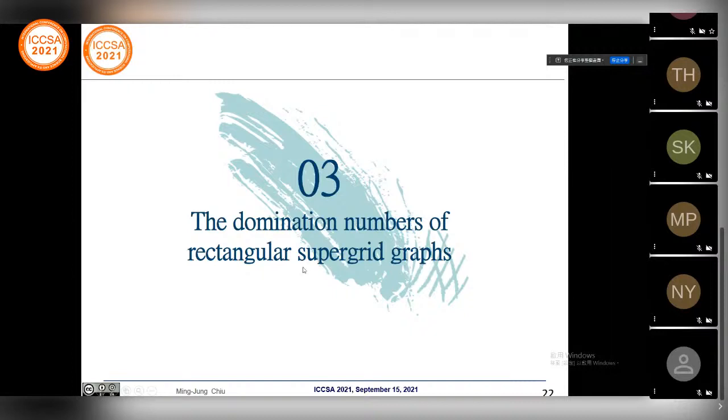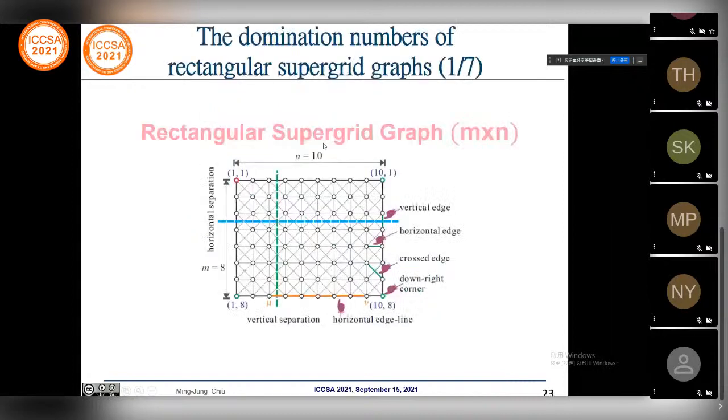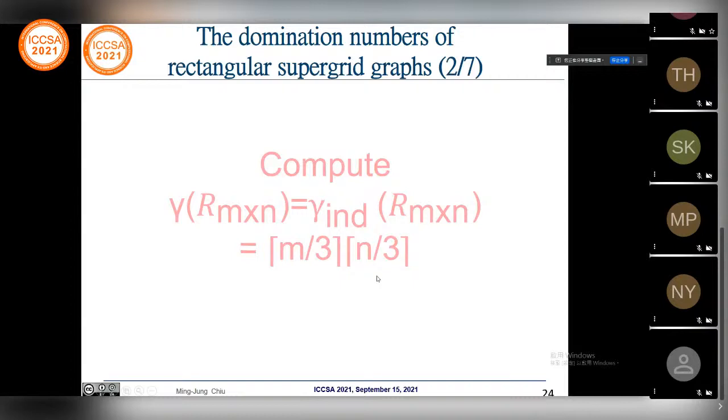This part we are talking about the domination numbers of the rectangular supergridded graph. This is a rectangular supergridded graph n by n.